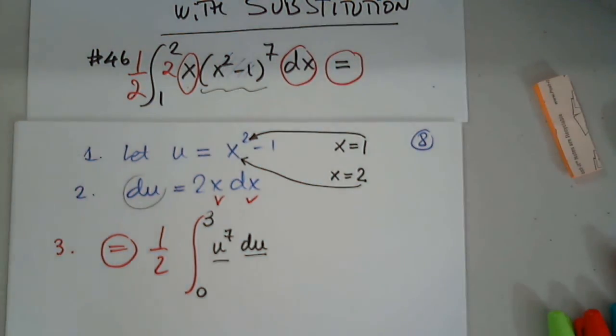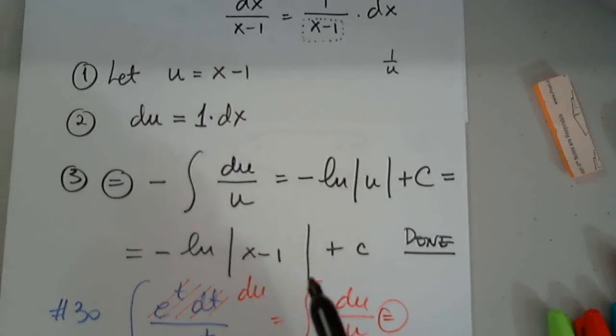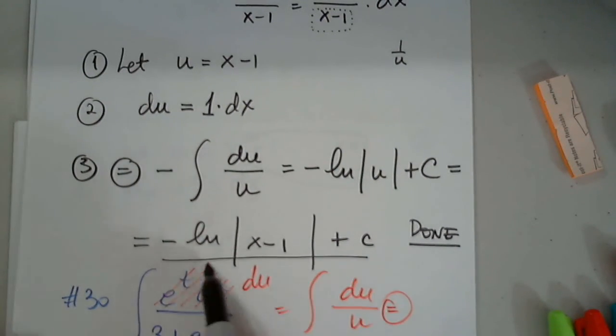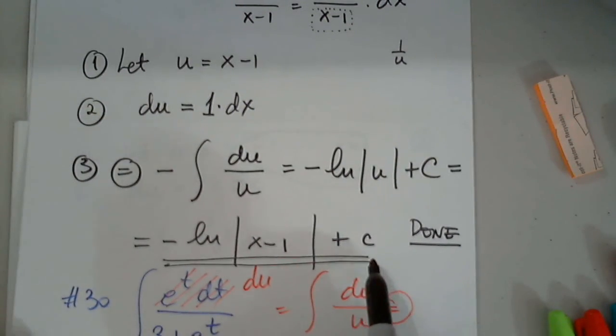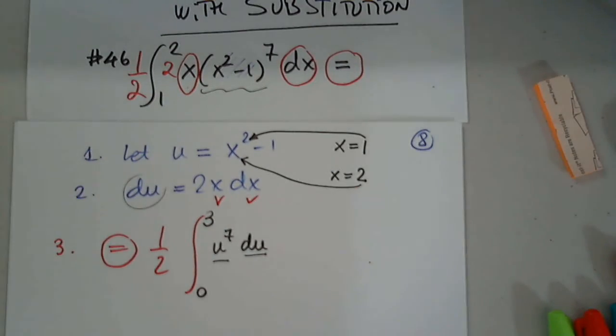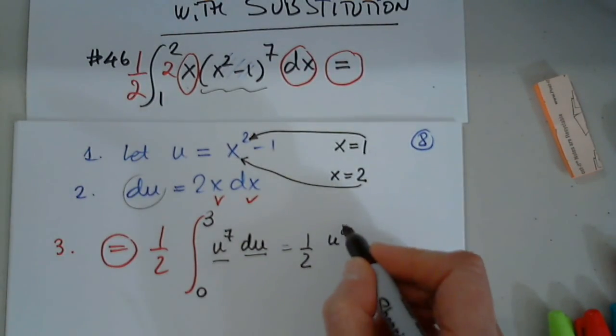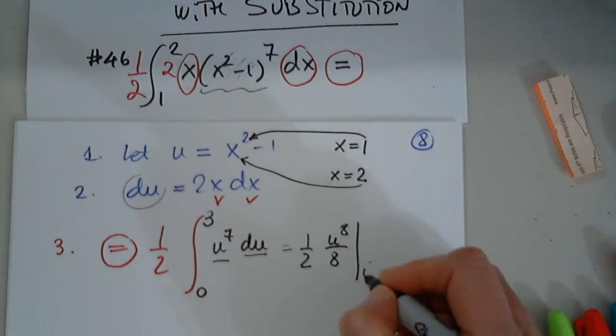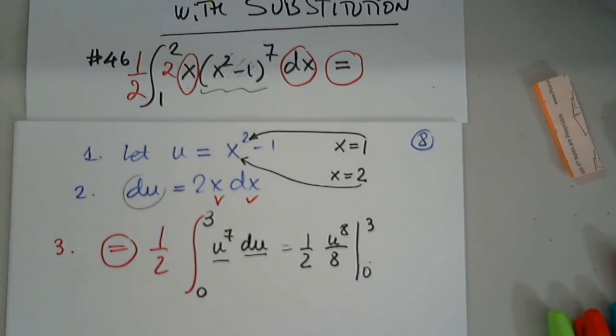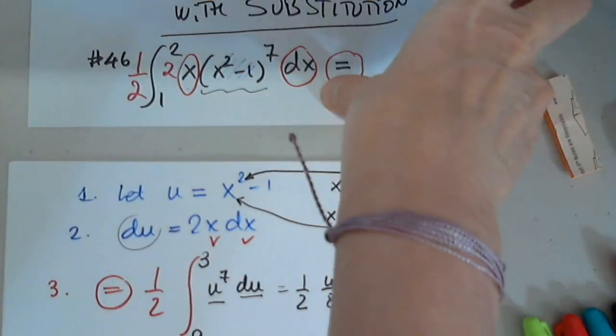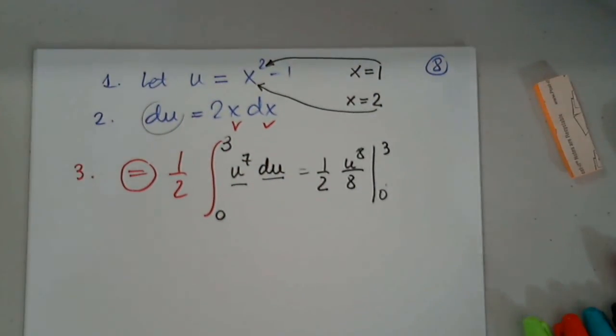We're not going back. Notice what we did for all indefinite integrals. We had to go back to the original variable. No longer true now. There is no need to do that. So I have 1/2 u to the 8 over 8 from 0 to 3. We do not go back for the definite integrals. Waste of time. It's a number. It doesn't care whether the number is obtained using u or x.